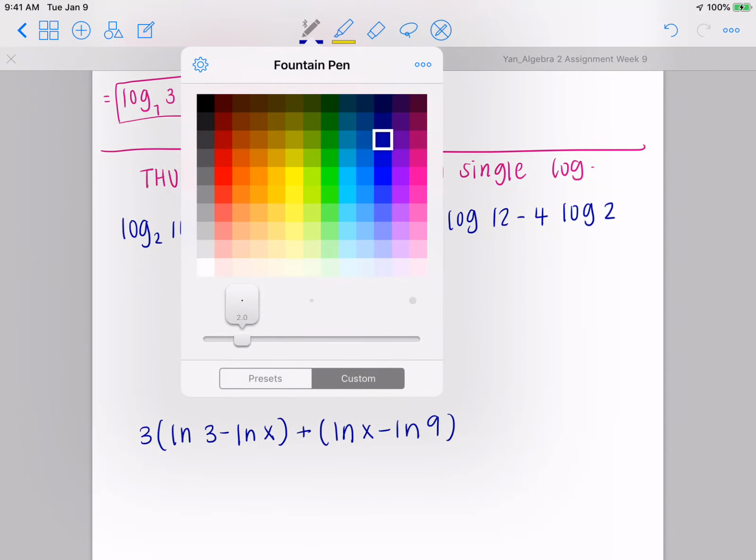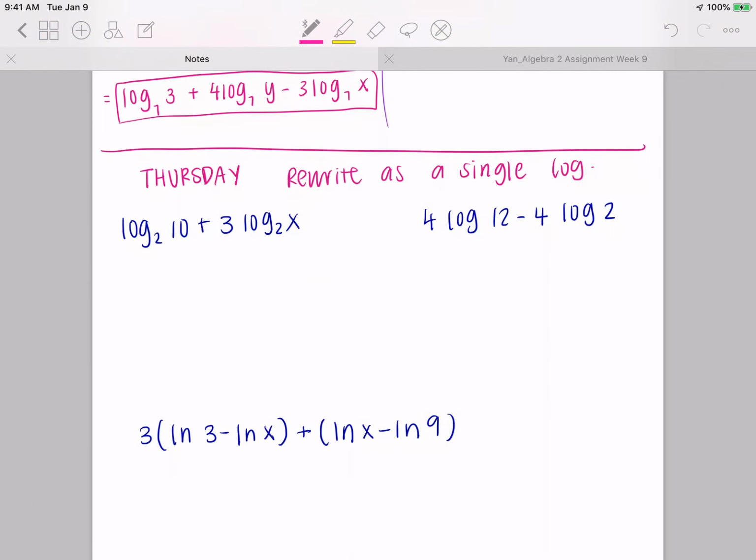Okay, for the first one, what can I do to start off? I see a plus sign with the same base. That means later I'm going to be multiplying something together. But before that, do you see this 3 is in the way?